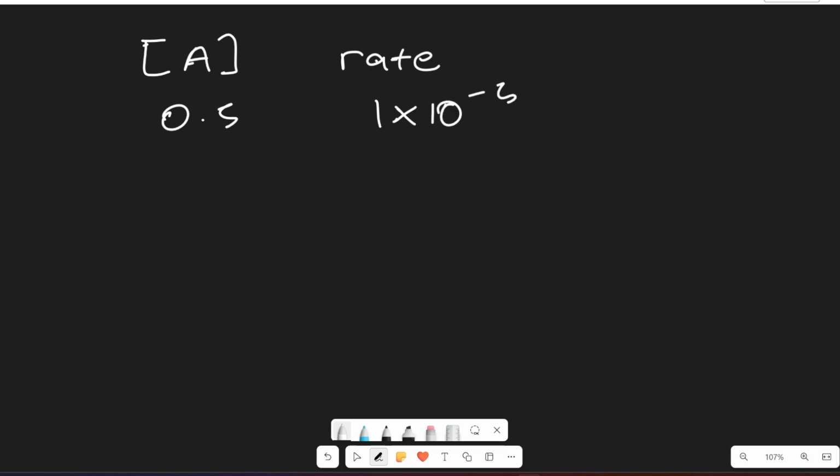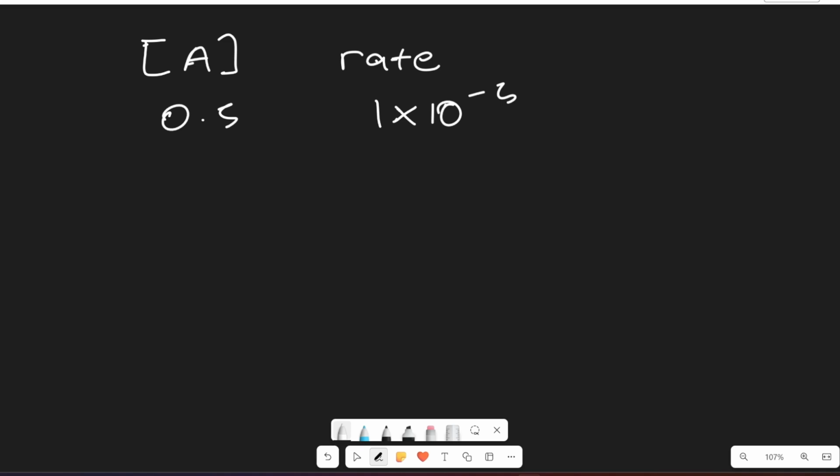Let's say I have the concentration of A, and then I have the rate of the reaction. Let's say the concentration of A is 0.5, and the rate is, I'll say, 1 times 10 to the negative fifth, something like that.